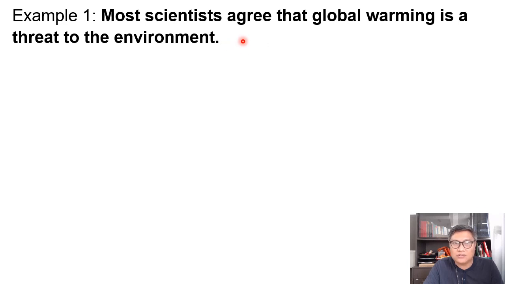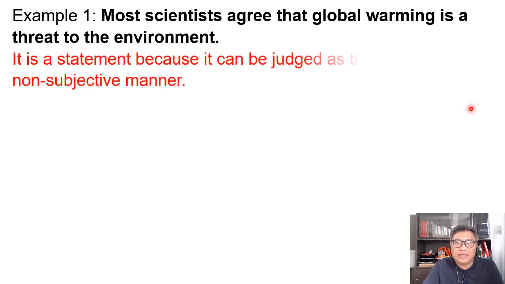According to most scientists, who are experts about the environment, they agree that global warming is a threat to the environment. So it suggests that there is truth to this statement. This is considered a statement because it can be judged as true or false in a non-subjective manner.